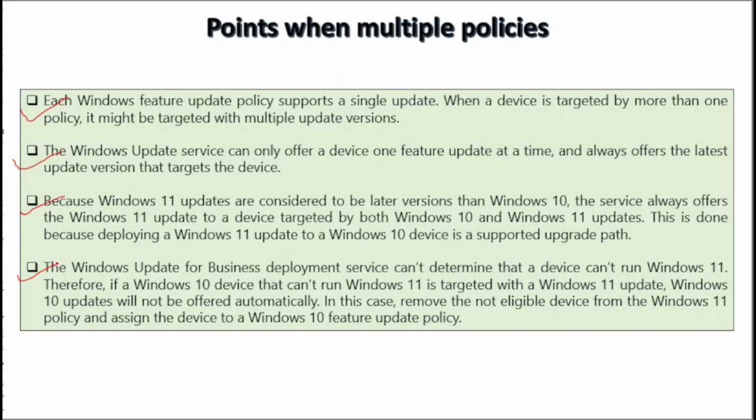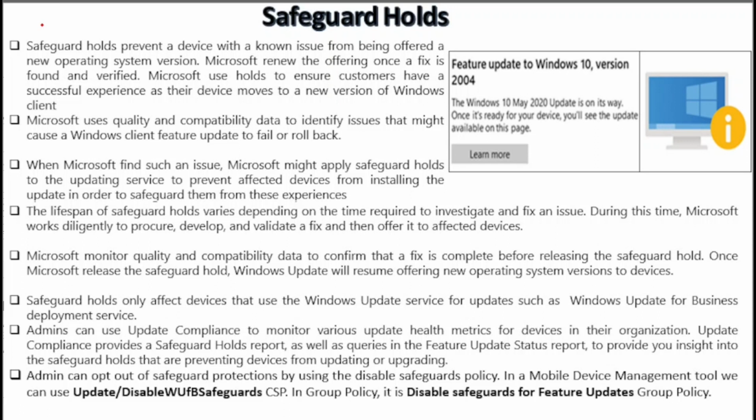feature update policy. Now let's discuss what a safeguard hold is. Safeguard holds prevent a device with a known issue from being offered a new operating system version. Microsoft removes the hold once a fix is found and verified. Microsoft uses holds to ensure customers have a successful experience as their devices move to a new version of Windows client.